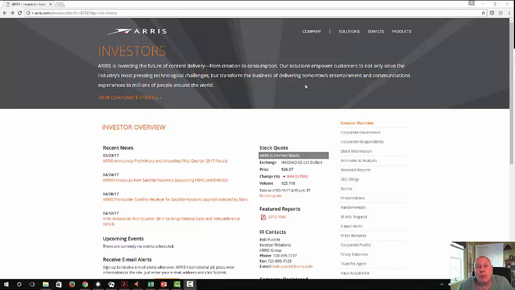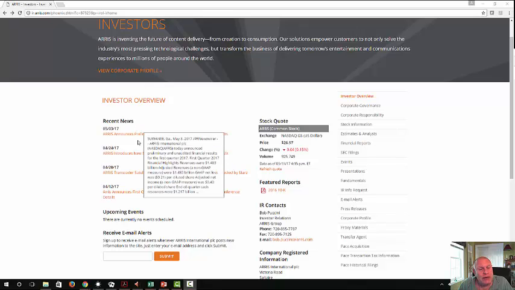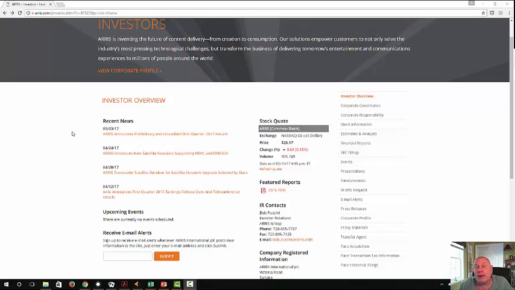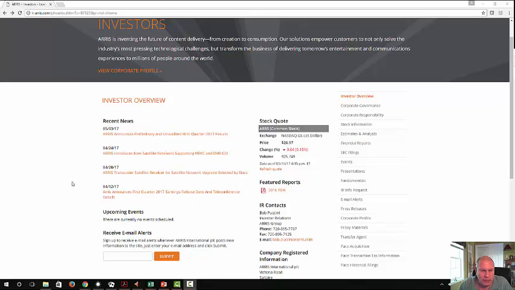Remember, these companies are publicly traded and they have disclosure requirements by the SEC. The first thing you're going to see on most pages is recent news. In this case, they announced their preliminary first quarter results on 5/3. They had a new product coming out, new satellite receivers.